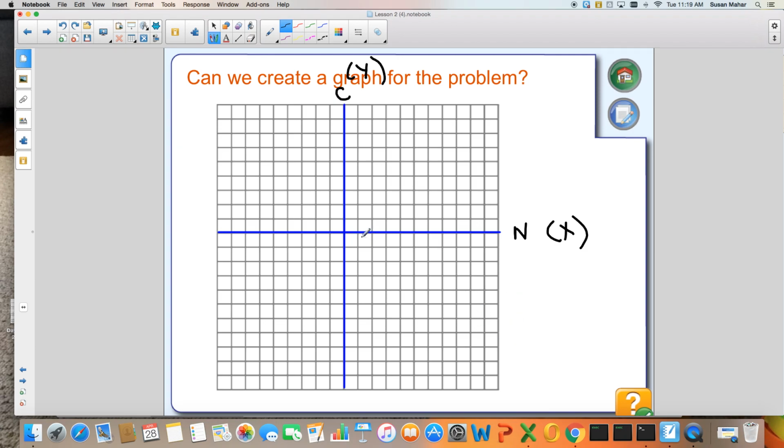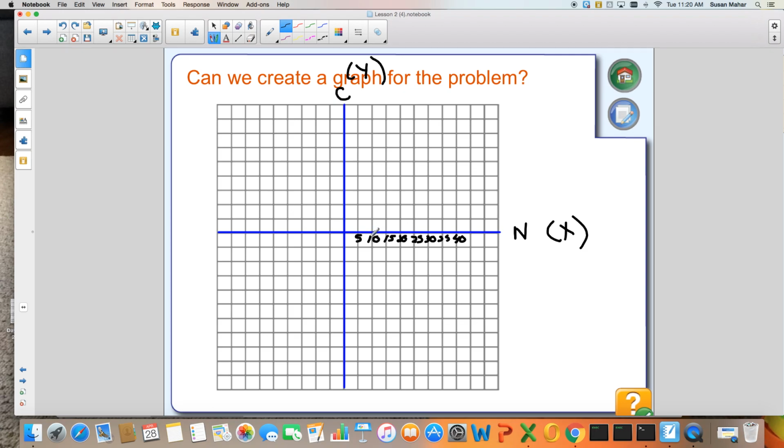And my numbers are going up. I had them go up by 5s and 10s, so I'm going to have my numbers go up by 5s. Now the thing to remember is that the interval between the numbers has to remain the same. And I'm writing on the lines, not the spaces.